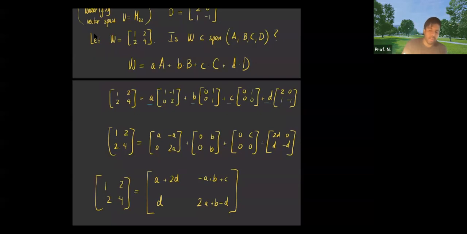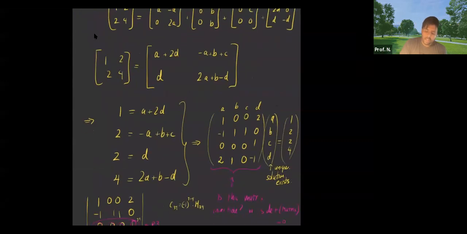So either you're in the span, which means that there do exist scalars, which would mean that the determinant of this matrix would be non-zero, which would mean that this matrix is invertible. You see how all these things are connected? All those statements are equivalent statements. That's why it's important to understand the equivalent statements: how the determinant of a matrix implies the invertibility of the matrix, which implies the existence of a unique solution, which implies whether or not something's in the span. All of these things are connected, so it's good to make those connections.